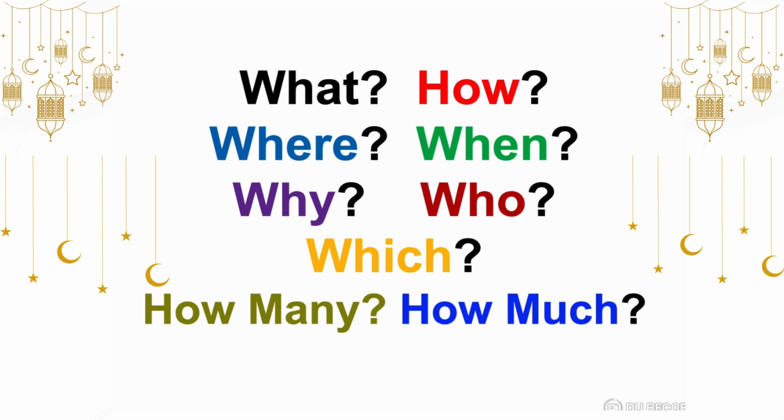When for time. Why for reason. Who for person or people. Which when we have a choice to make, to choose between two things. How many when we ask about the number, and how much when we ask about quantity or the price of something. So we are going to see these with verb to have. Let's see.